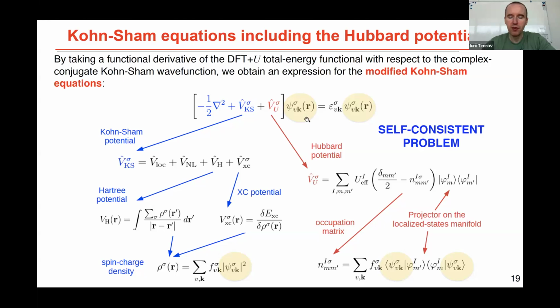So it's a closed loop. That's why we do it iteratively, self-consistently. We compute at the first iteration, then we update, we compute, we update, and we do it until convergence. Exactly as in standard DFT, but now we have this Hubbard potential also updated at every iteration until self-consistency.